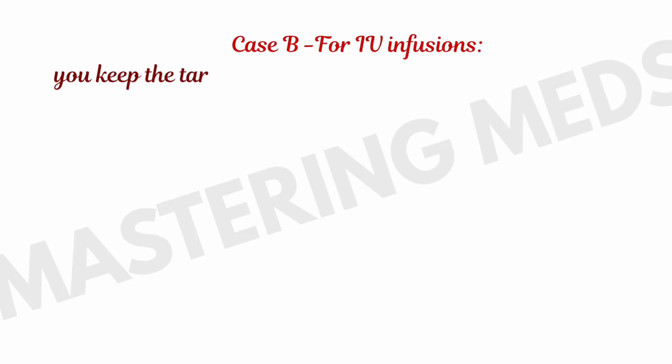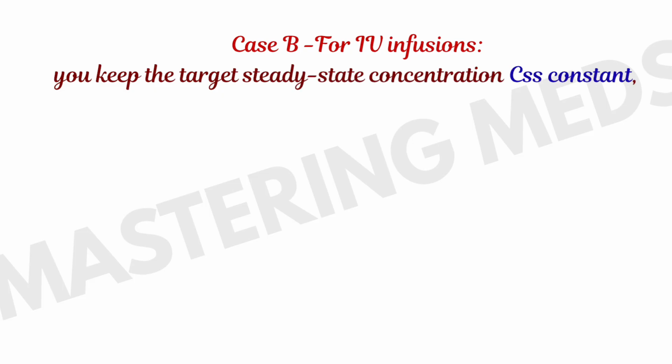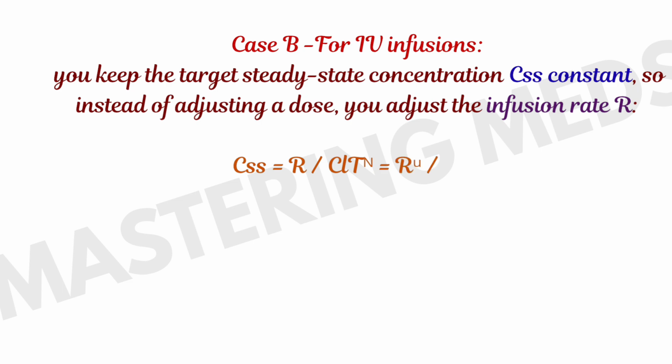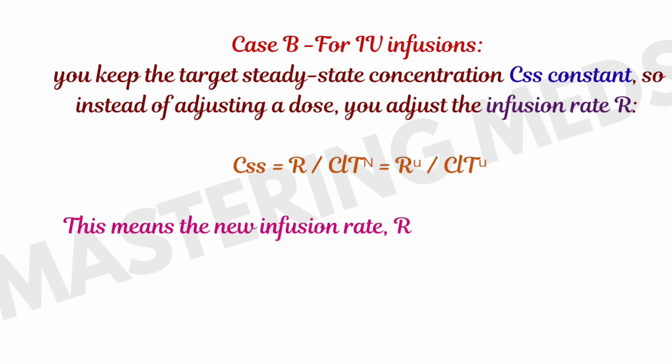Next, case B, which applies to IV infusions. Here, instead of adjusting the dose, we adjust the infusion rate because we want to maintain the same steady state concentration, CSS. The equation is CSS equals R normal over CLT normal equals R uremic over CLT uremic.